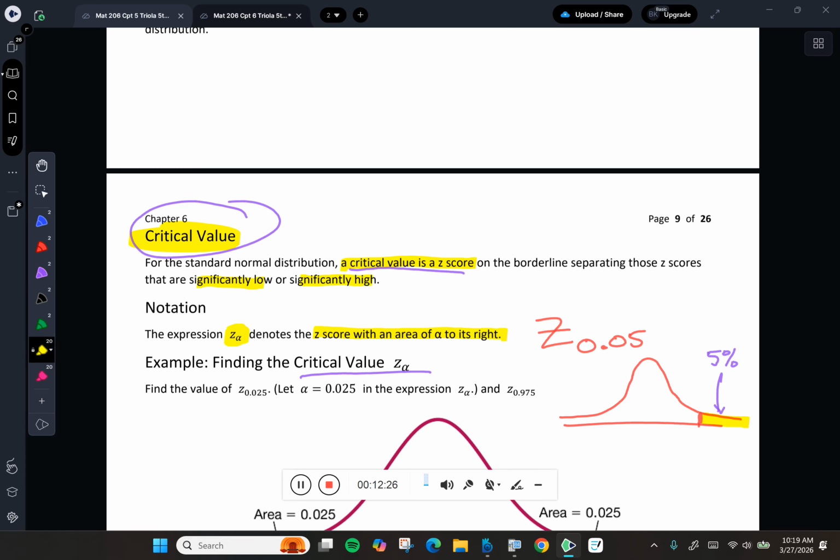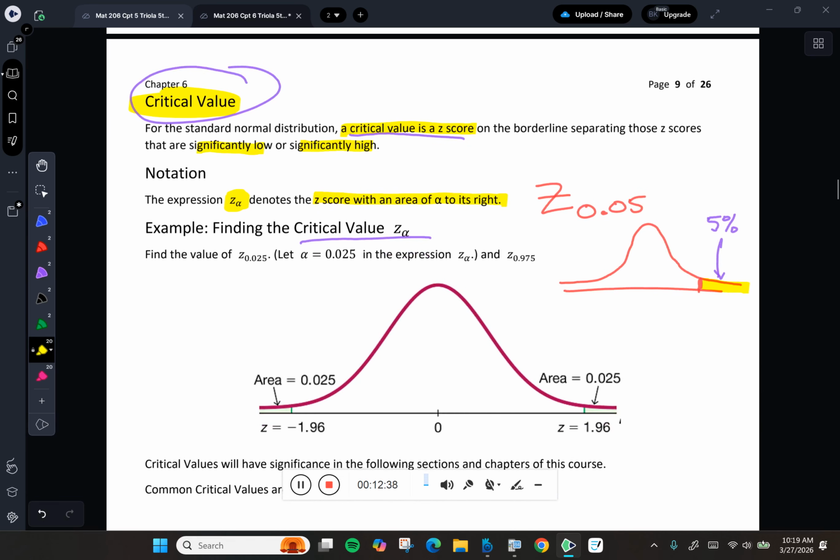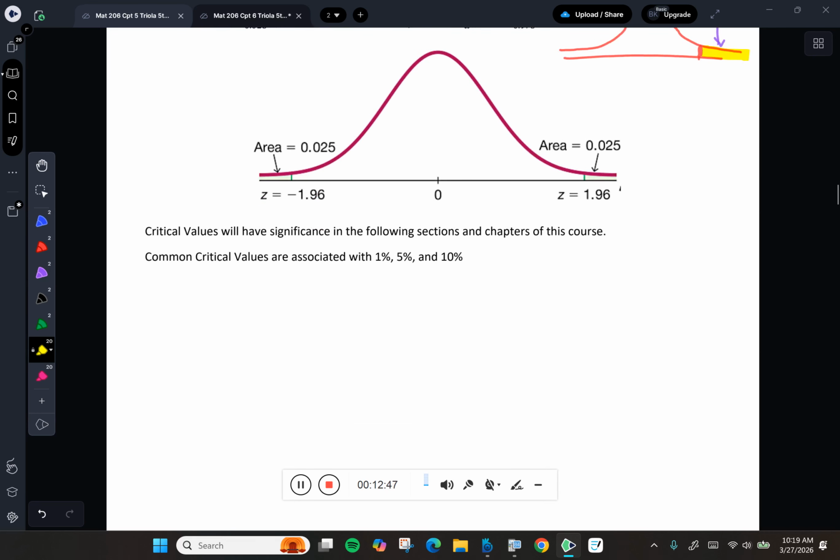They could go back to that height problem and say, what is a significantly short or a significantly tall man or woman based on that data? How tall would someone have to be to be considered significantly tall? How short would someone have to be to be considered significantly short? The way we find those is using that inverse command. Common critical values are 1%, 5%, and 10%. We just do those a lot.